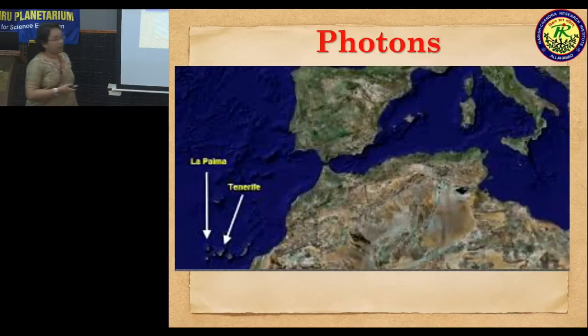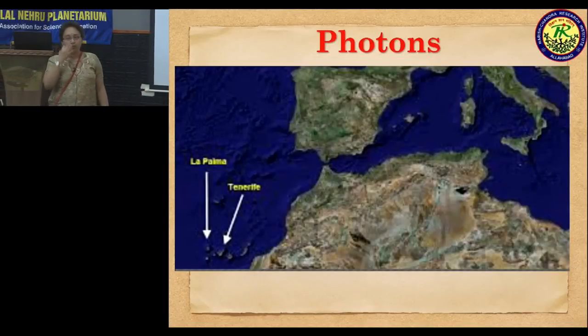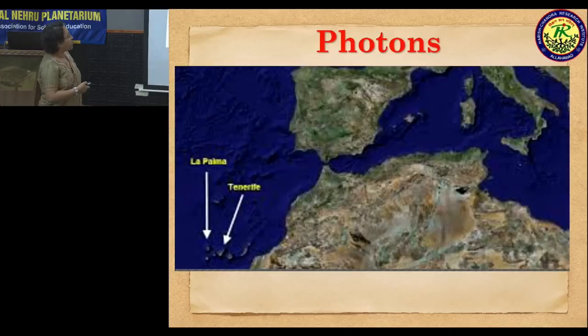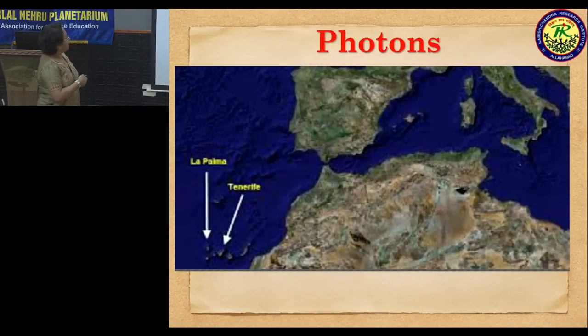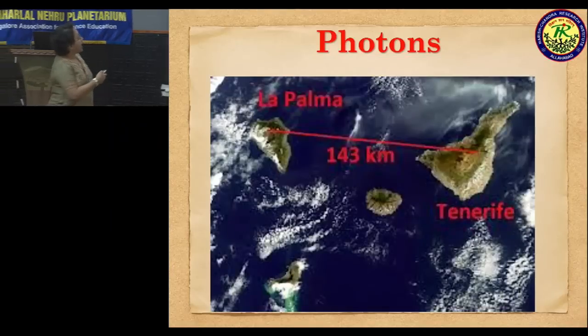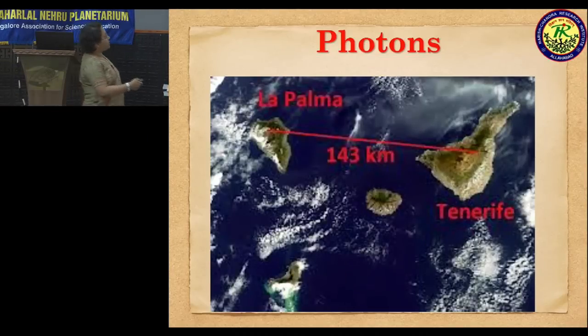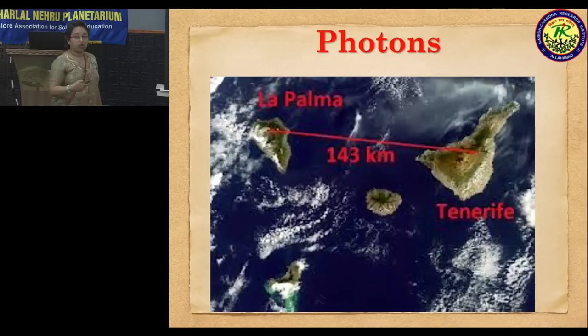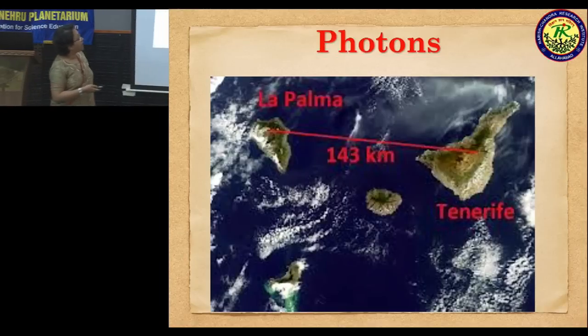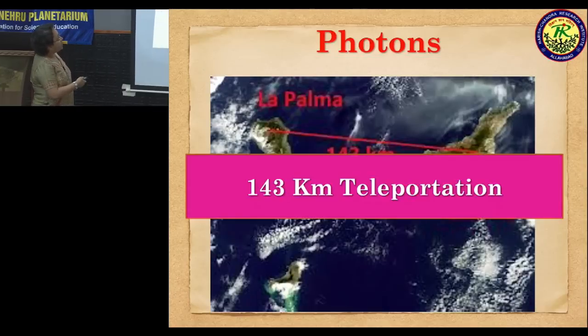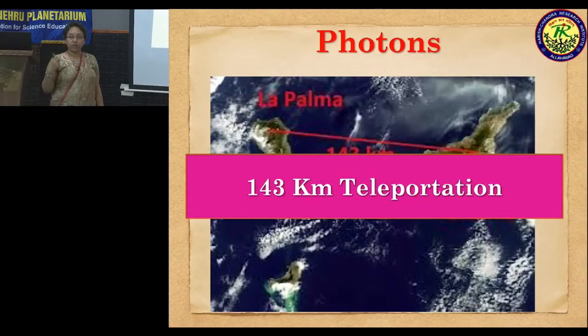For example, the teleportation that I have described, there was an experiment a few years back. So this is Spain and this is Africa. There are two islands called La Palma and Tenerife. They are 143 kilometers away, and the Austrian group led by Anton Zeilinger showed that they can perform quantum teleportation between these two islands by using photons.